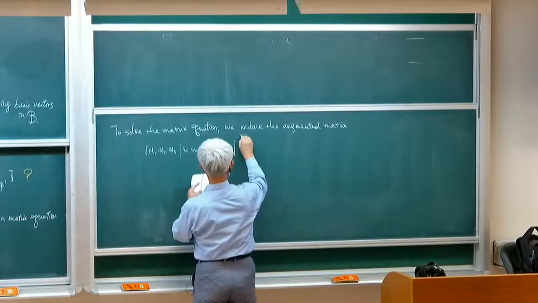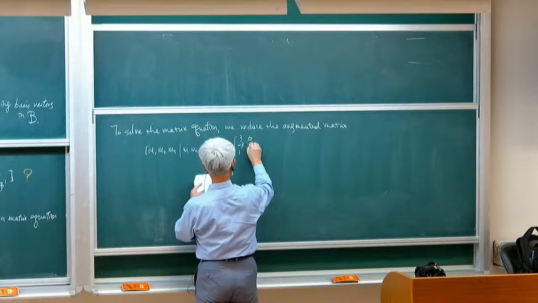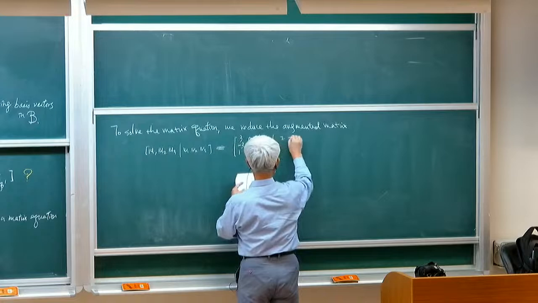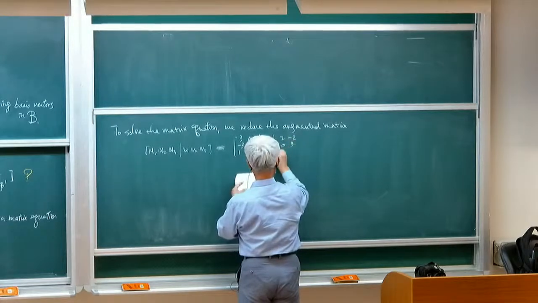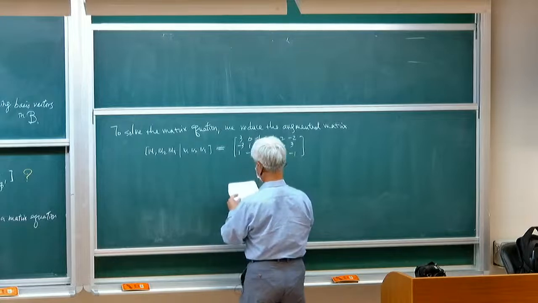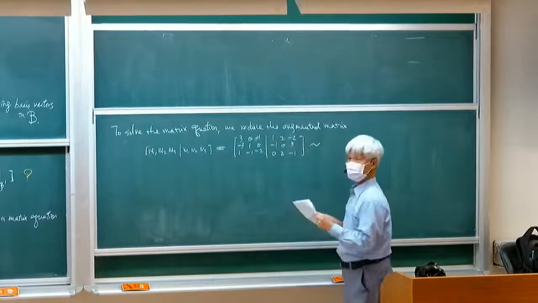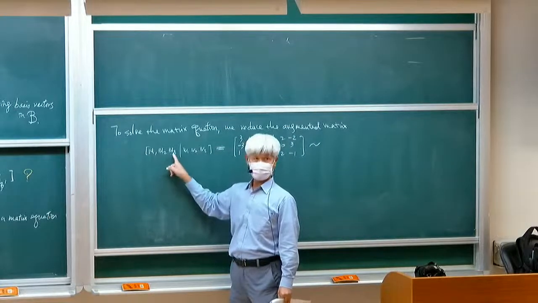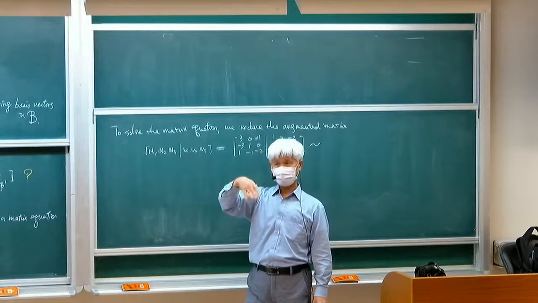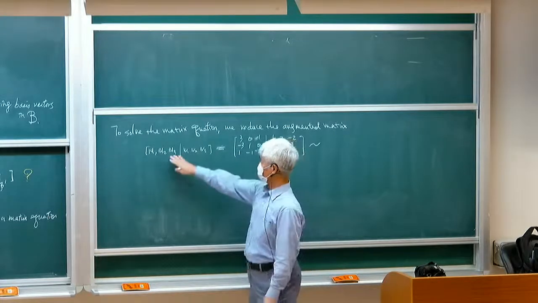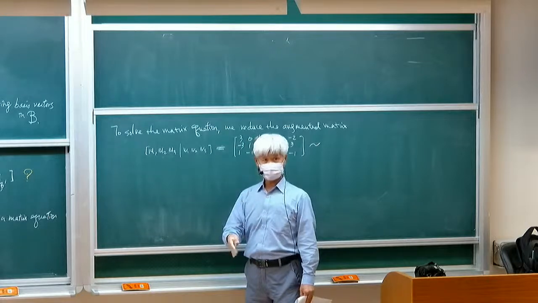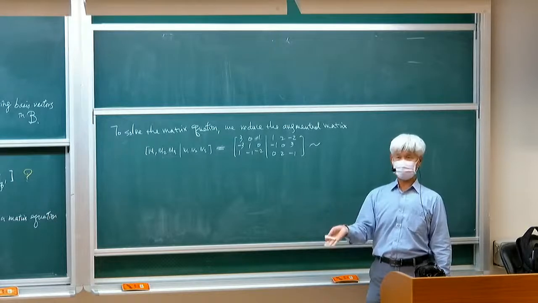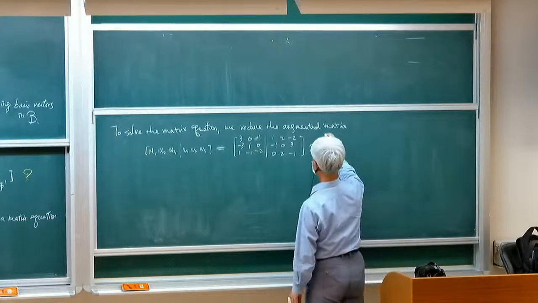This augmented matrix is 3 by 6, and we reduce it by elementary operations. Because we know this is invertible, when we do the reduction using the Gauss-Jordan procedure, this matrix becomes the identity matrix. Before we do anything, we know this should be the result.